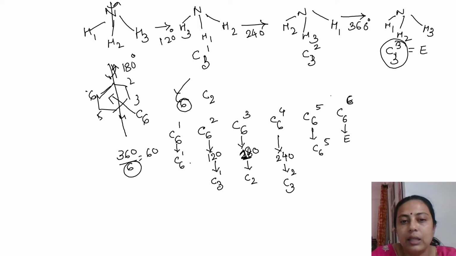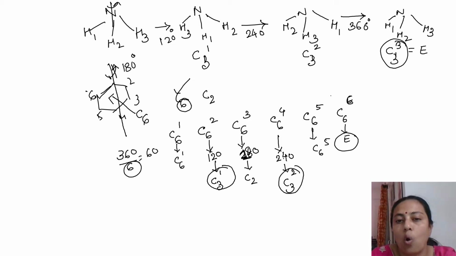Look here, other than the C6, we actually have a coinciding C3 as well, which generates all the symmetry operations related to C3. Along with the C6 axis, we have a coinciding C3 and a coinciding C2, because C2 also has C21 and C22.